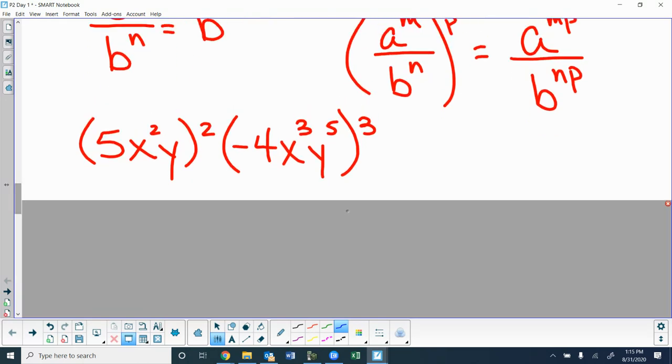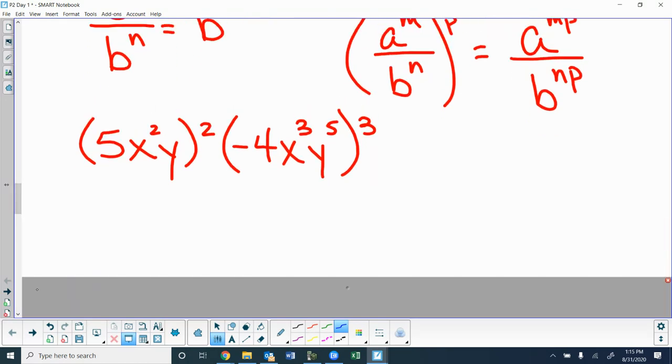So, what do I do first in this? We'll just kind of do this one together. Can I do anything inside here, like 5x squared y? Can I make that any simpler? Can I do any math in that?